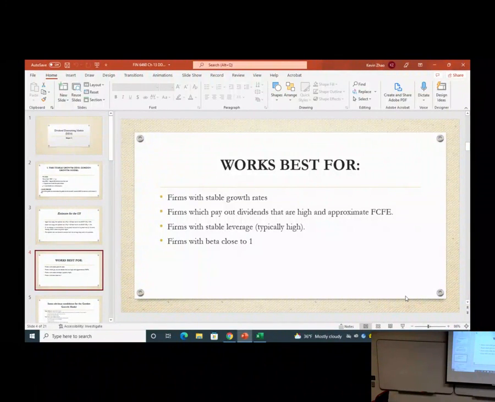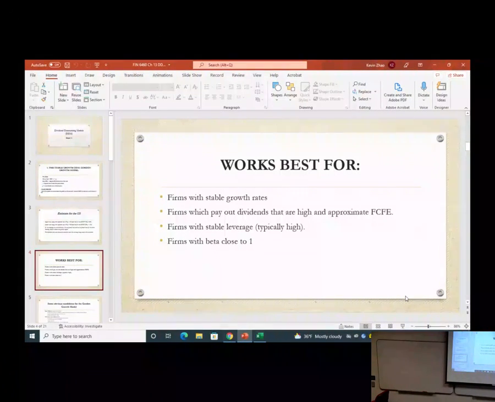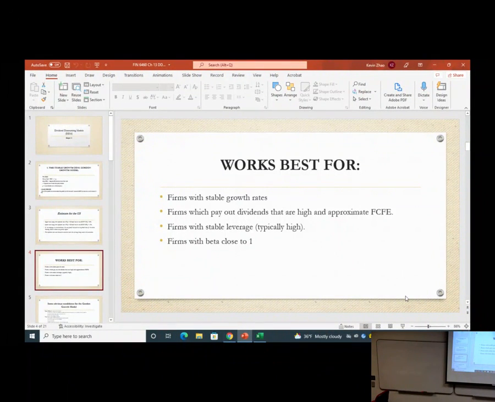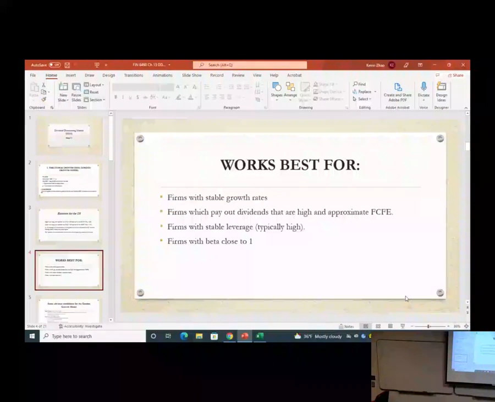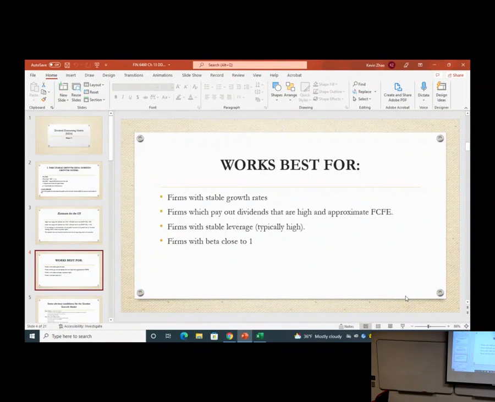They distribute most of the free cash flow back to shareholders in terms of dividends. And the third one is the company tends to have stable leverage, and that leverage is typically high leverage, but stable leverage. And the last one, the beta, close to 1.